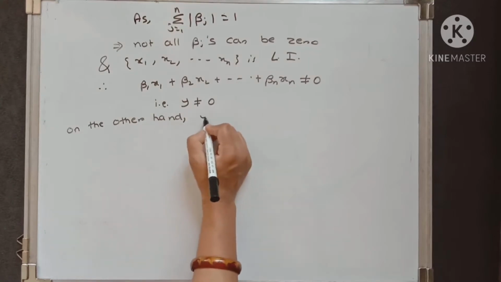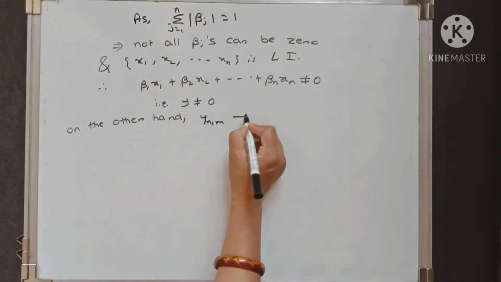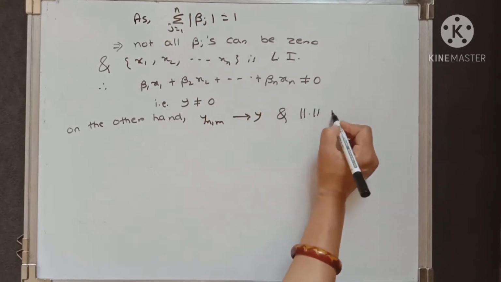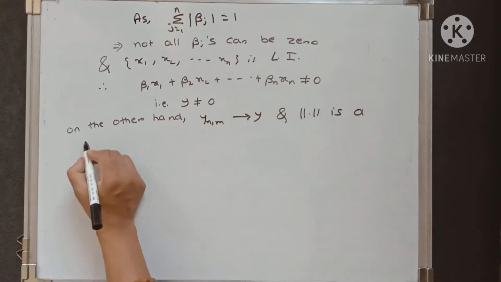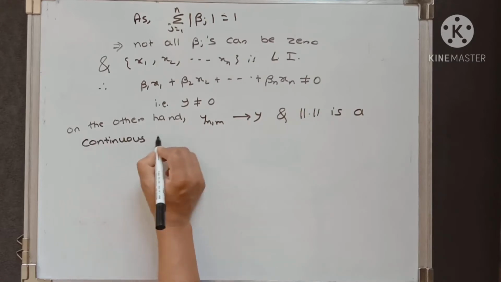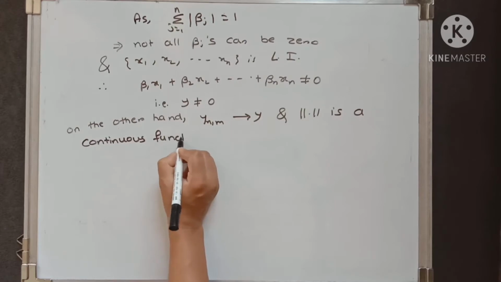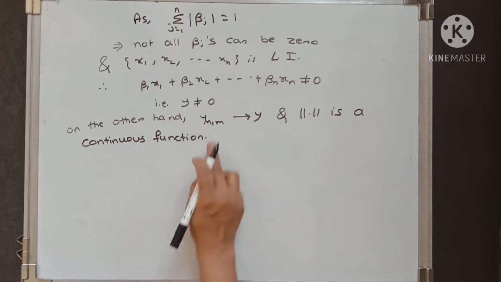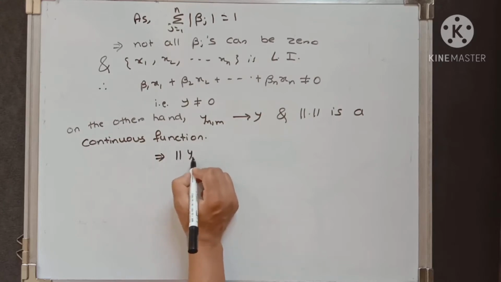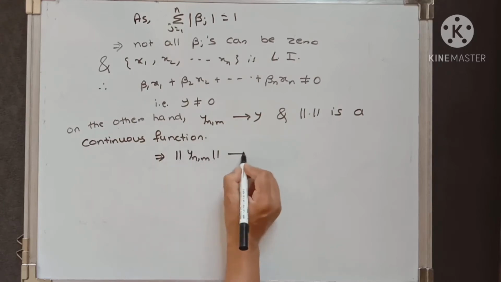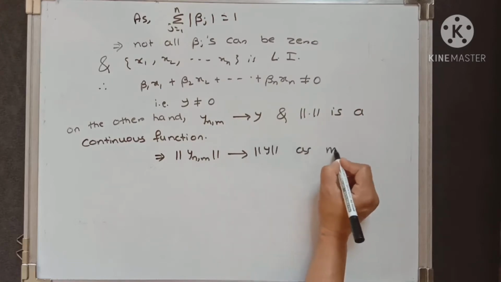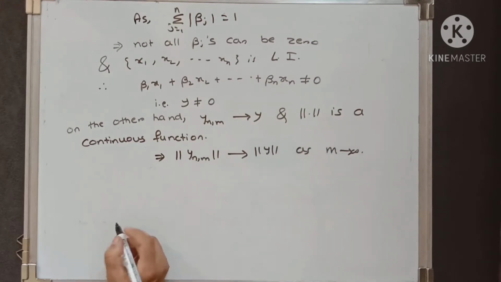here we get that ynm converges to y, and norm is a continuous function, therefore ynm converges to y implies that norm of ynm converges to norm of y as m goes to infinity.